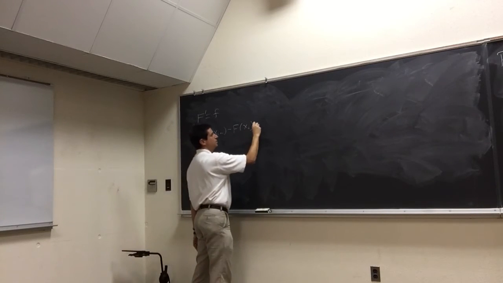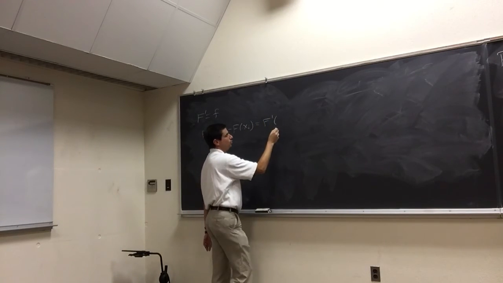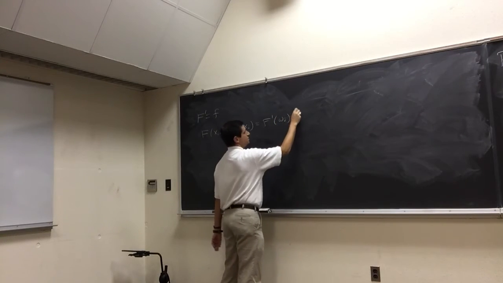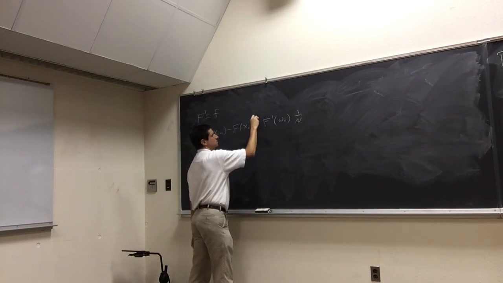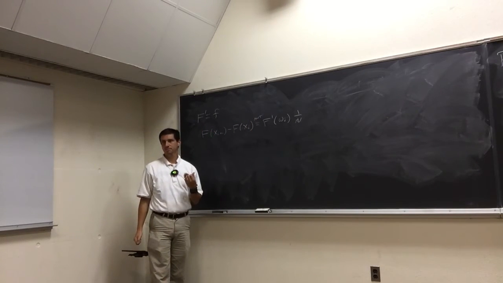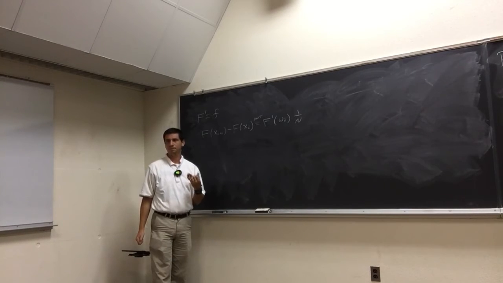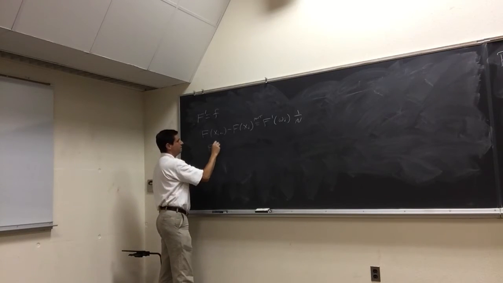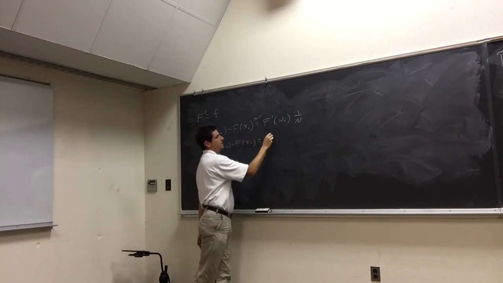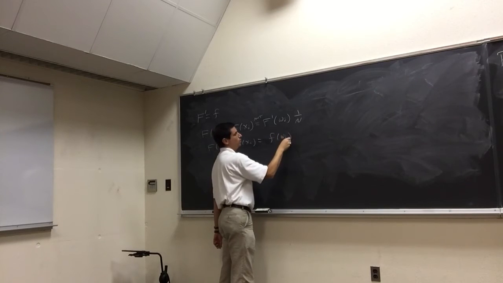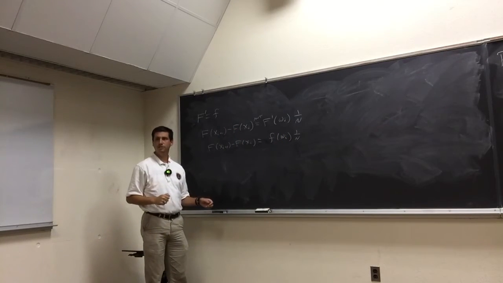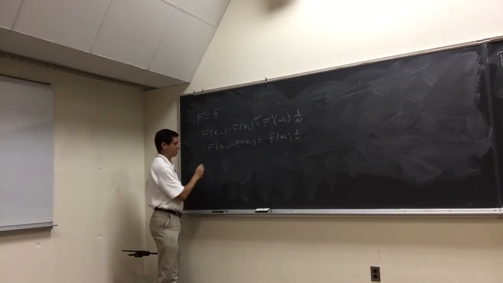By the mean value theorem, this is big F prime at some point, let's call it w_i, times the distance, which is 1 over n. So I'm applying the mean value theorem to the antiderivative. Okay? So I get big F of x_{i+1} minus big F of x_i is little f at some point w_i times 1 over n. Question?